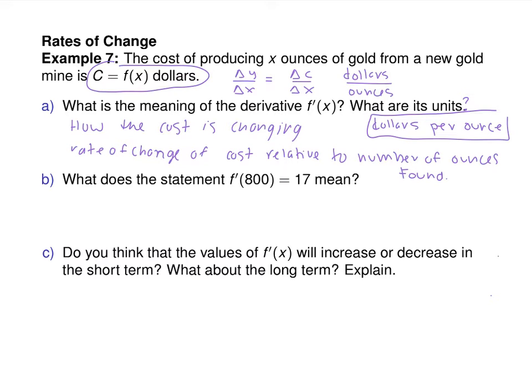Okay, so what does the statement f prime of 800 equals 17 mean? This is like the x, so that means you're producing how much gold? When you produce 800 ounces of gold, the cost is doing what? Going up or going down?